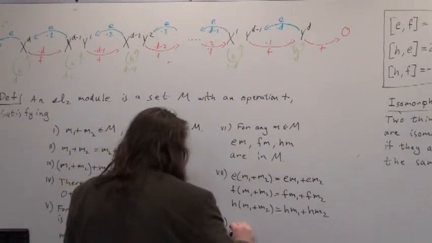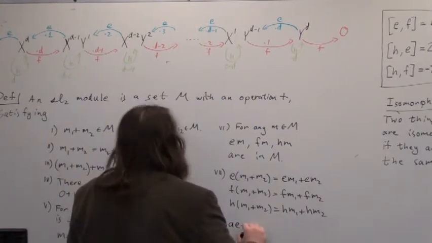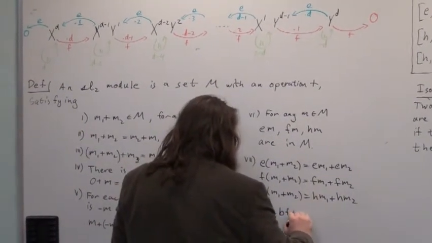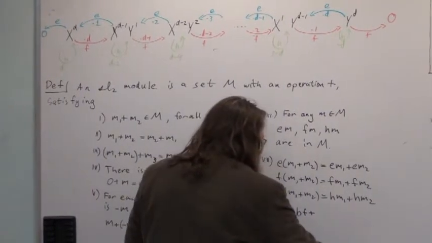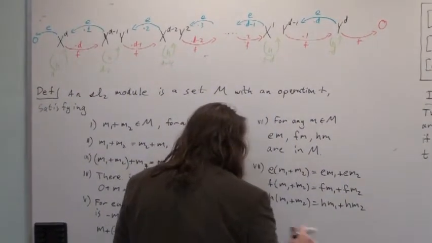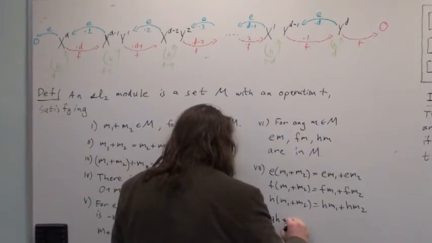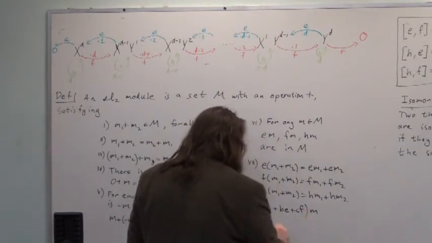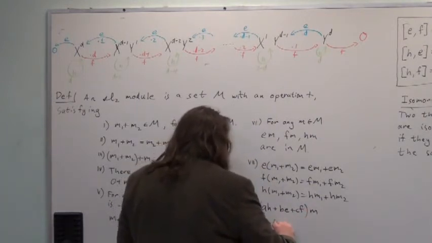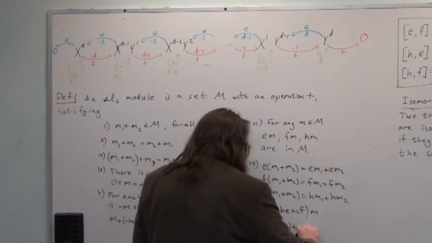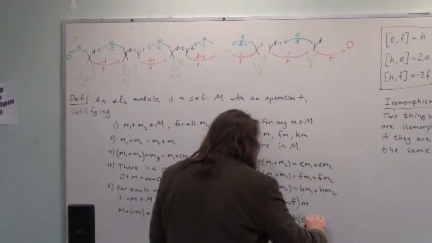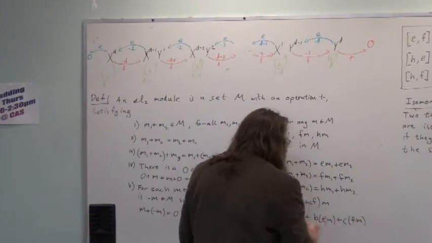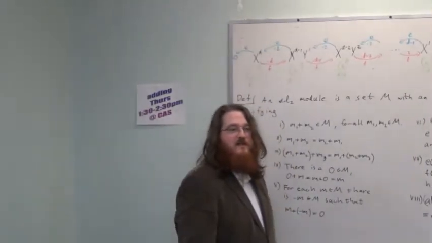So if I have A times H plus B times E plus C times F, applied to something from M, this is equal to A times H on M plus B times E on M plus C times F on M. So it gets along with the addition in SL2 also.